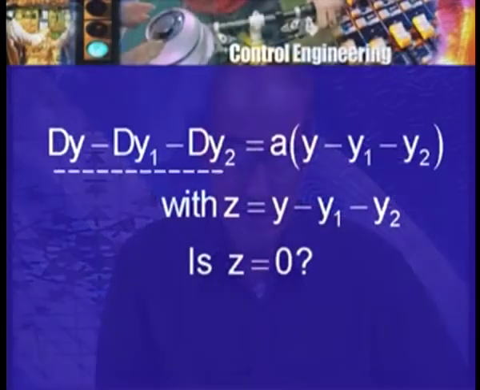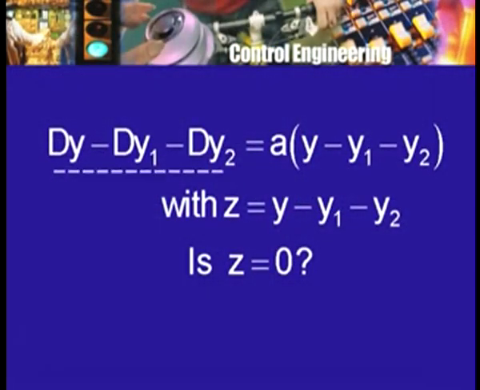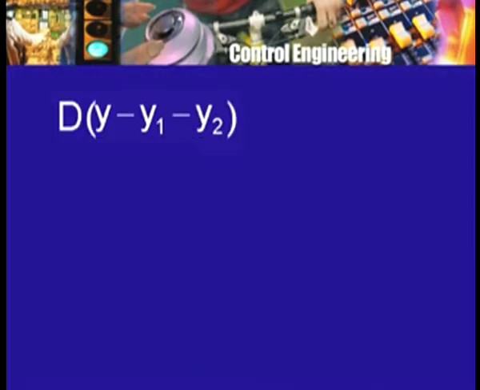The first two are examples of additivity; the third one, negative, being minus 1 times the function, is an example of homogeneity. So, here we are making use of the fact that the derivative operation is linear, and therefore, dy minus dy1 minus dy2 can be written as d of y minus y1 minus y2, and on the right-hand side I have ay minus ay1 minus ay2.